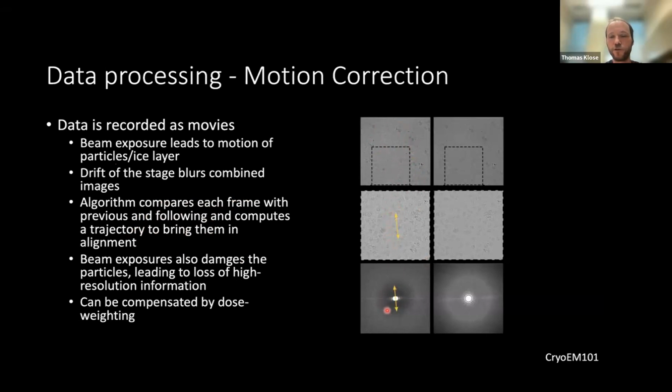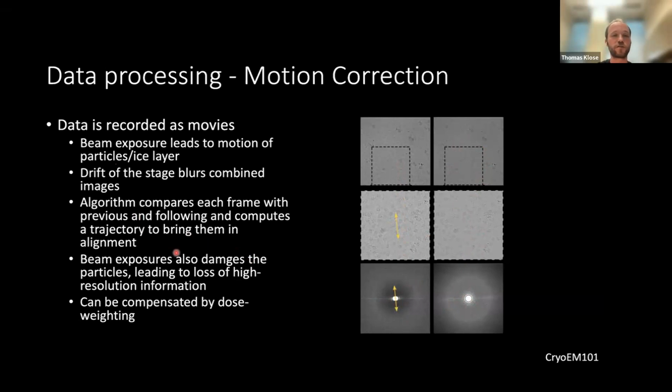And if we do, again, a Fourier transform of this, which shows us the resolution of the image, so again, this is the very low resolution, and then we go to higher resolution, you see there's some small ripples in this direction, but all the high resolution information in this direction is lost because the image was drifting downwards as it was taken. So after we do this motion correction, we can actually see that the particles are much more visible, very well defined, and resolution information has been restored in all directions. So this is what we want.